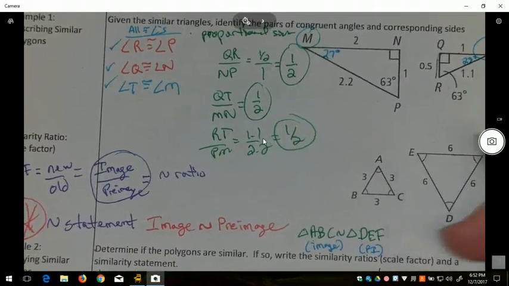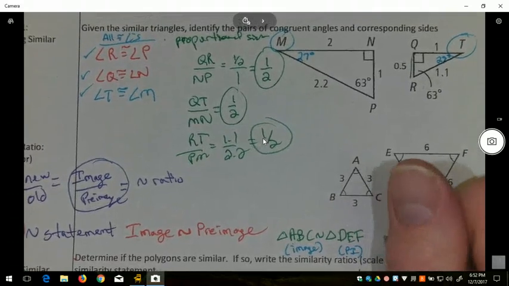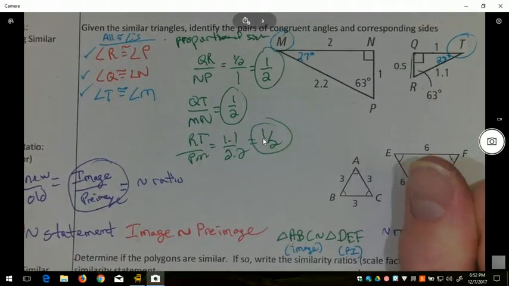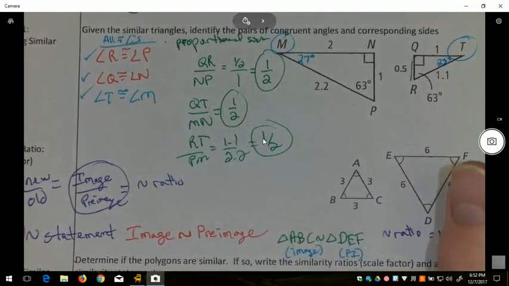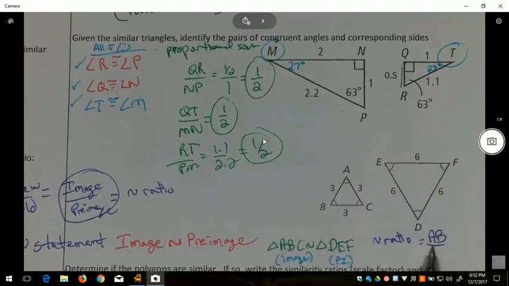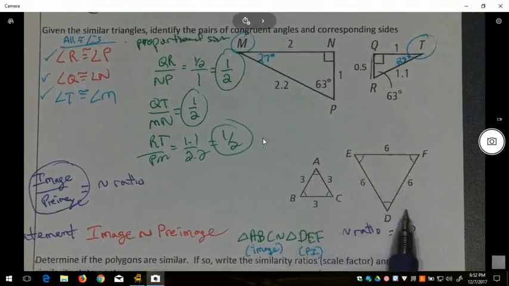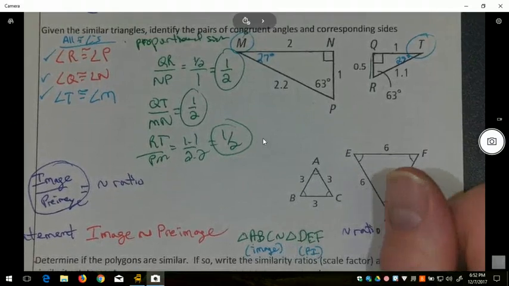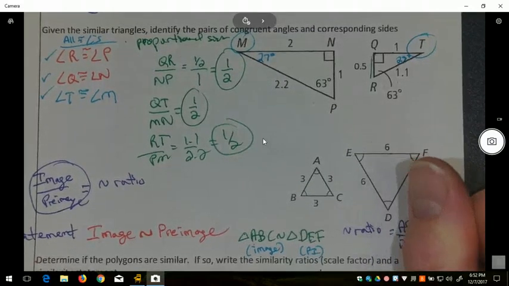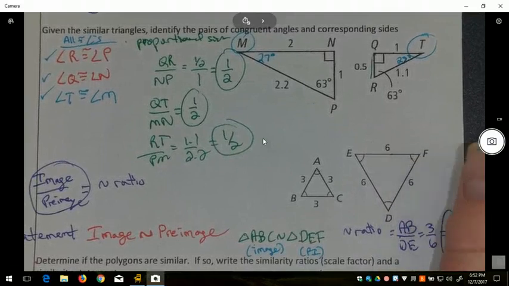So if ABC is the image, then when I'm looking at ratios, the similarity ratio would be any of ABC's lengths, because that, after all, is the image, over DEF's lengths. And according to this statement, AB and DE match up. So AB to DE is 3 to 6, which is 1/2.